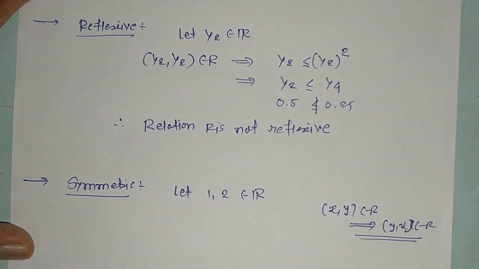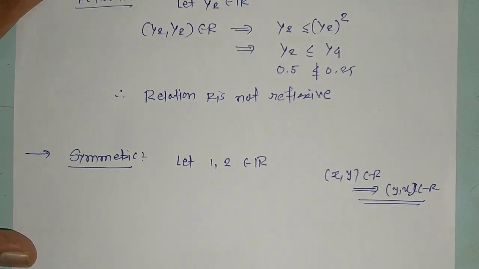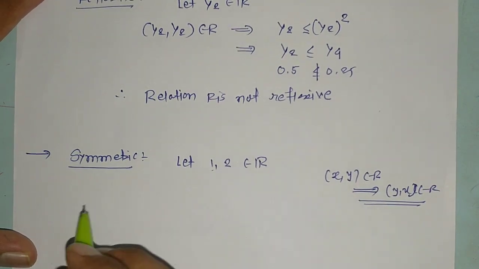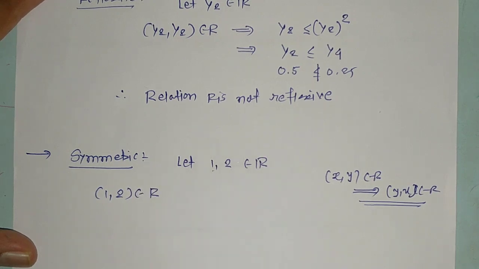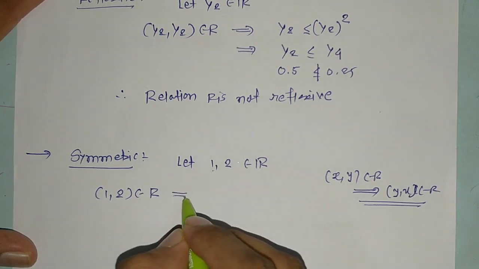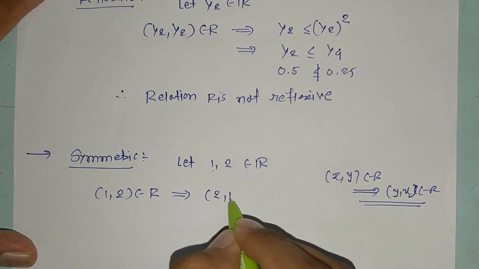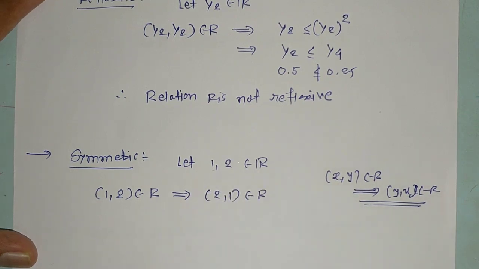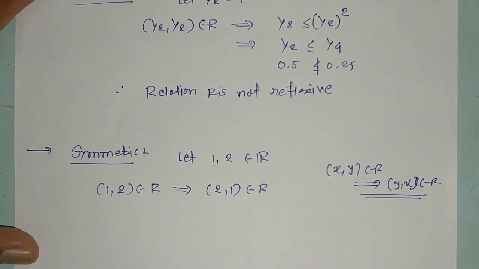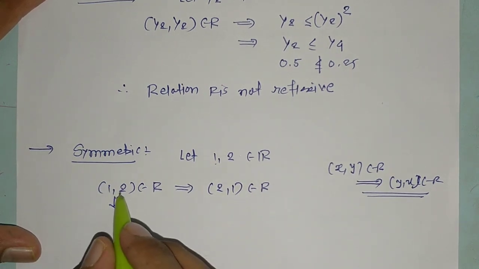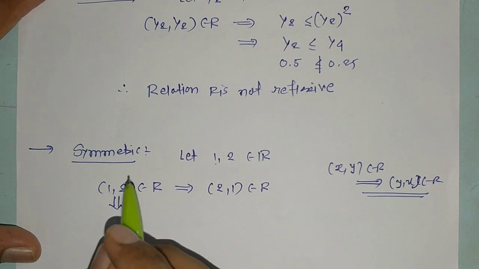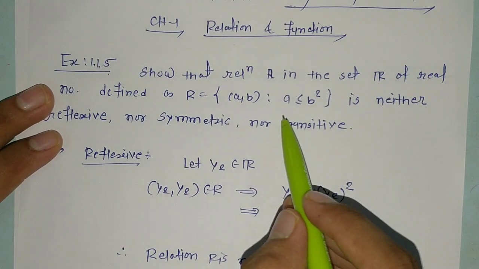That's the definition of symmetricity. Now, if (1, 2) belongs to the relation, then it must satisfy that (2, 1) belongs to the relation set R. So let's check.